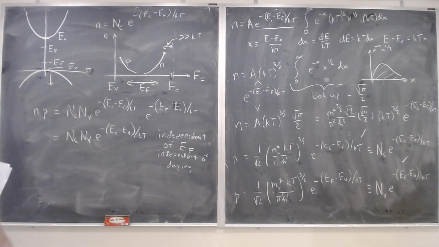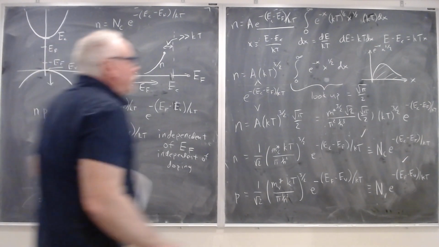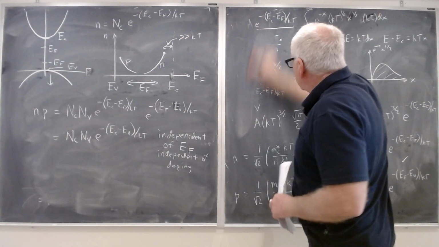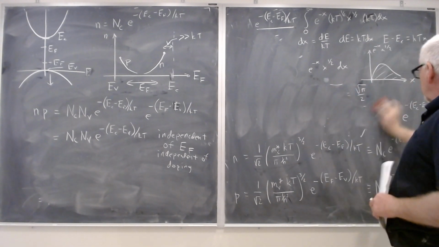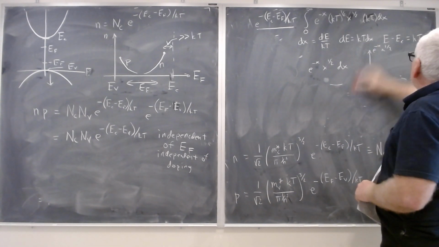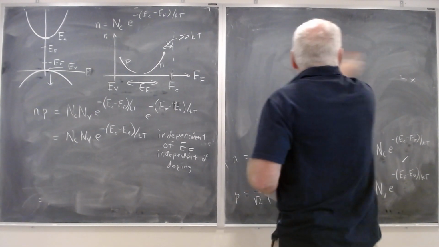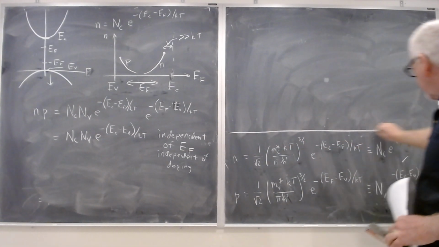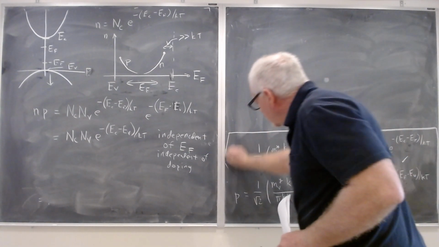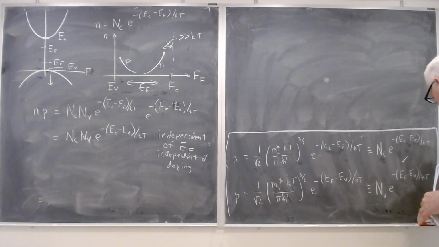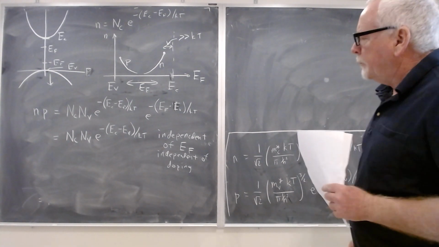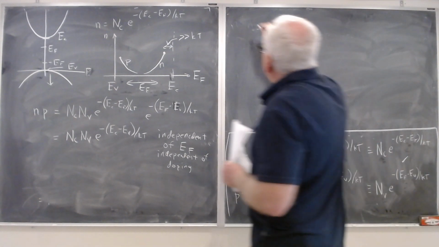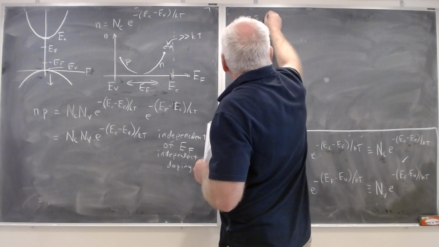Okay, let me go over here. All right, because this is our answer here. So NP is a constant.